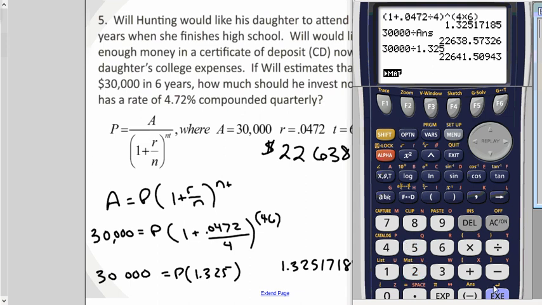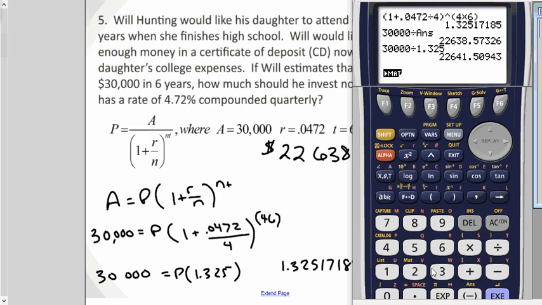They just rounded it because they said, it's probably good enough, right? No, look how far off we are. We're over $3 away. $22,641.50. Those extra decimals on here really make a difference. You can't round them. You can't get rid of them. So make sure that you either store that in the answer or you write down all the decimals.